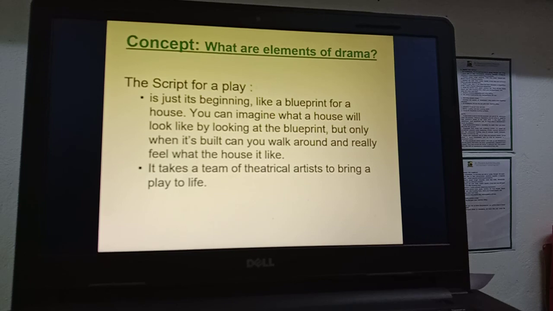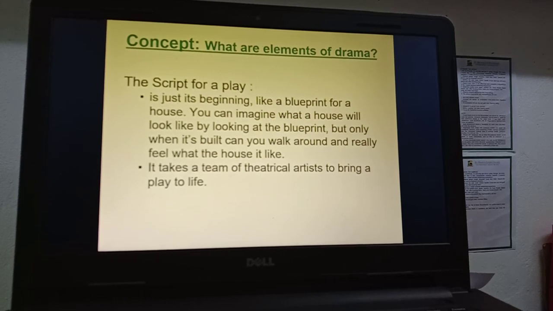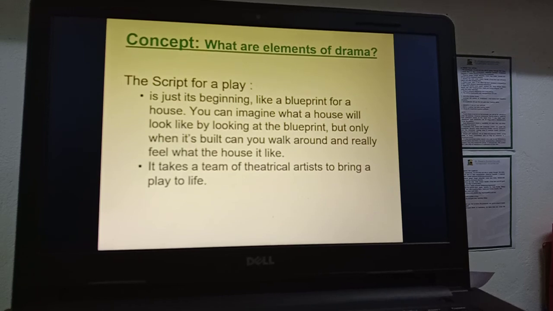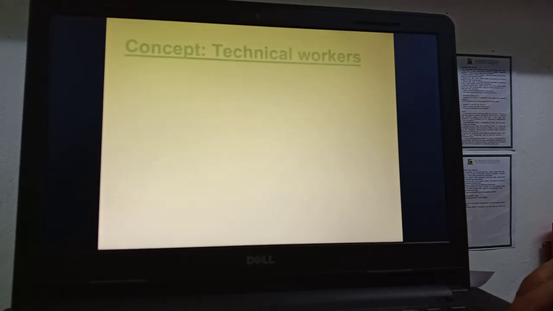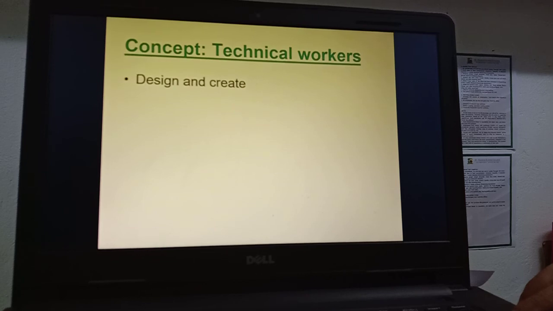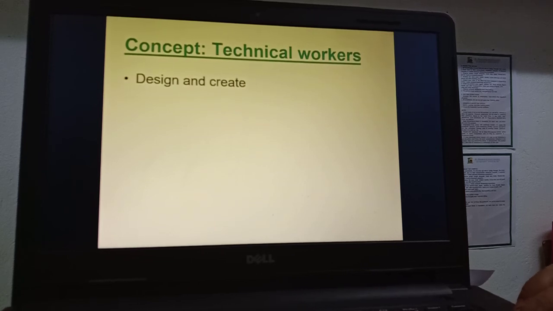So, ibig sabihin, sa isang dula, importante ang iba't ibang elemento. The lights, the uri ng stage, or what we call the proscenium, it may be arena type, the costume. These are all very important. So this you have to design and create.